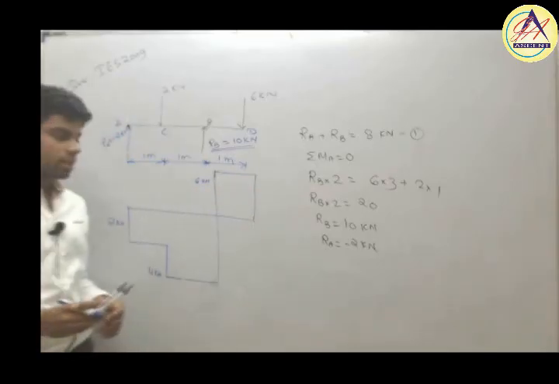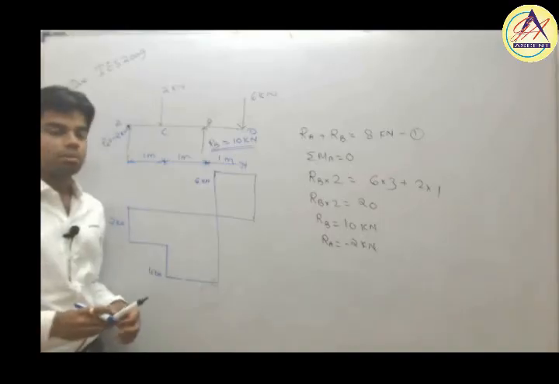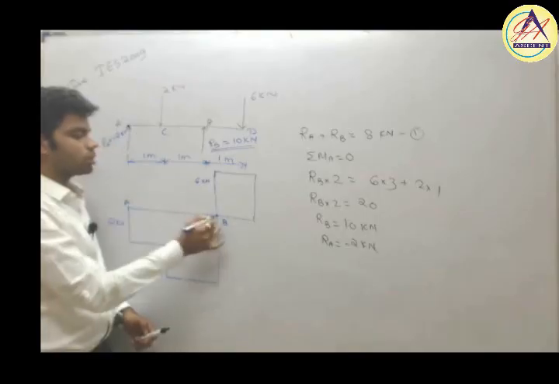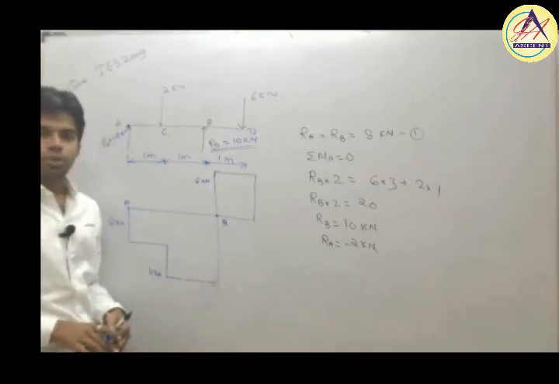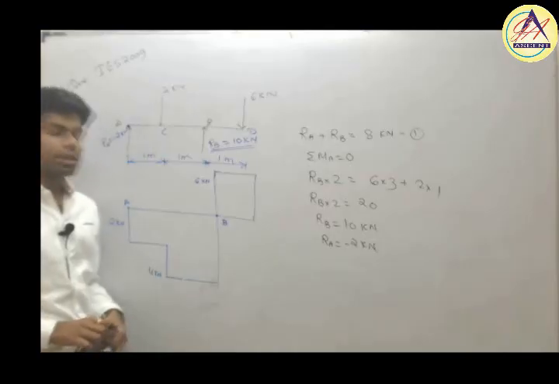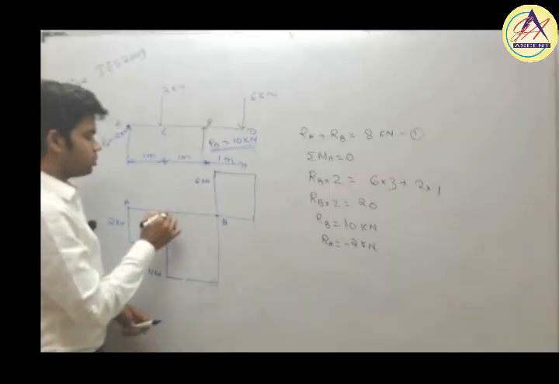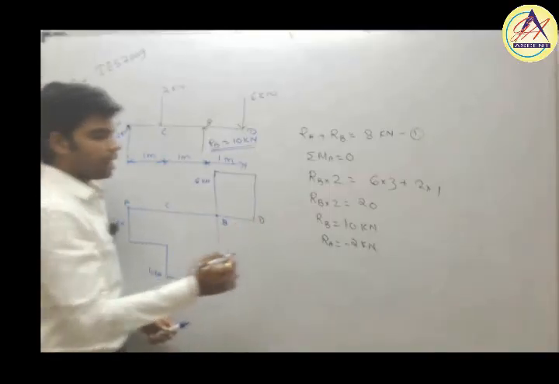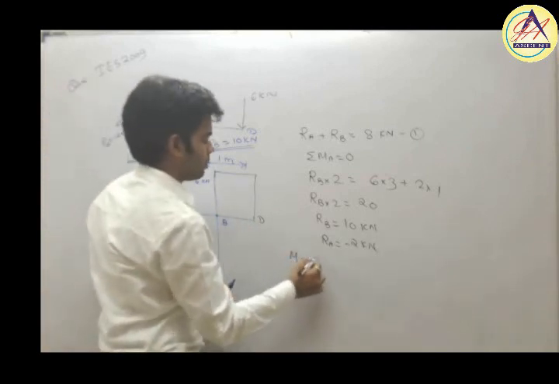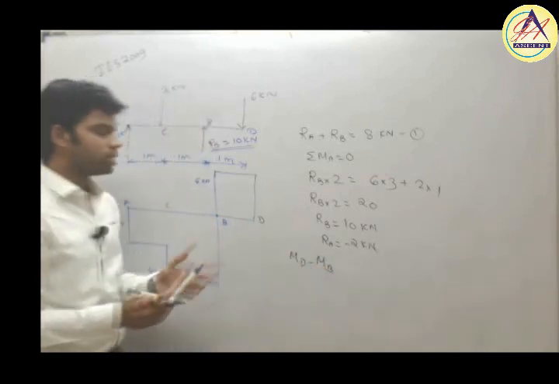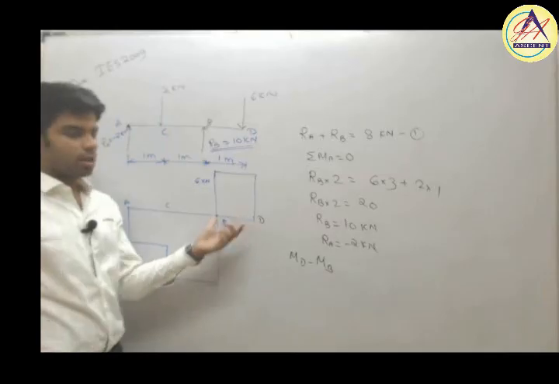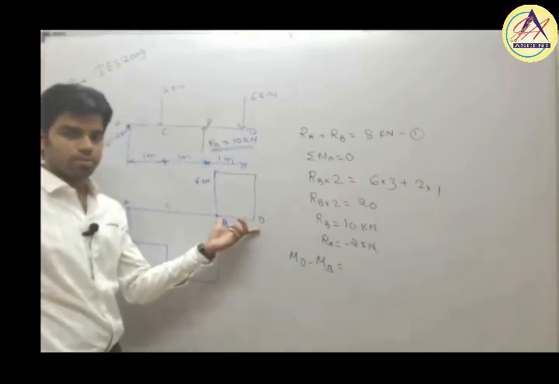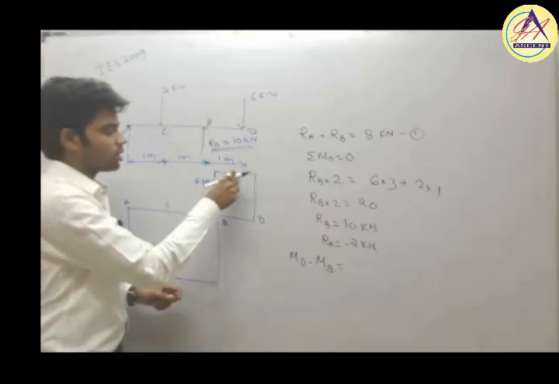From the shear force diagram it is clear that the maximum moment will occur at point B, because at this point the shear force is 0. And in order to get the maximum bending moment, what can we do? This is point C and this is, suppose, point D. MD minus MB, the change in moment between 2 points, is equal to the area under the shear force diagram between those 2 points. And what is the area of this shear force diagram?